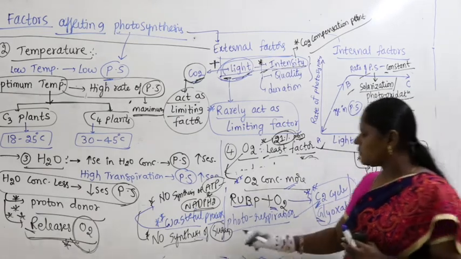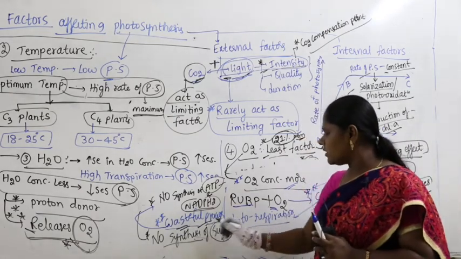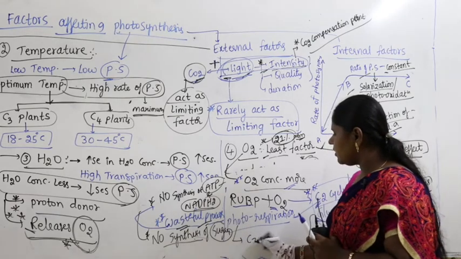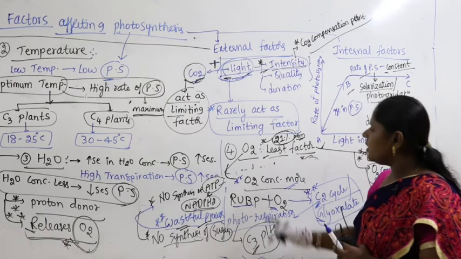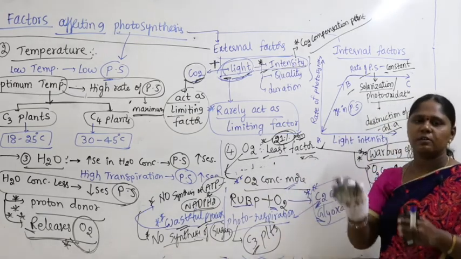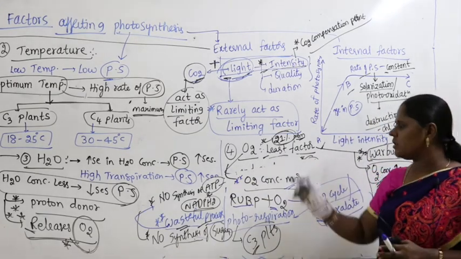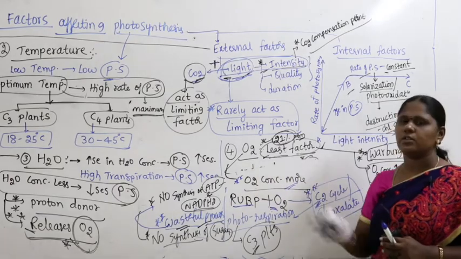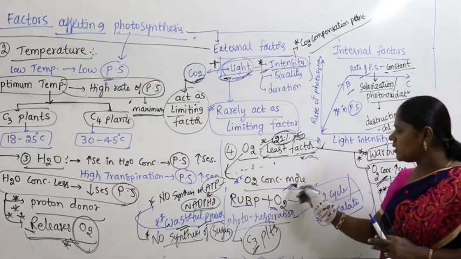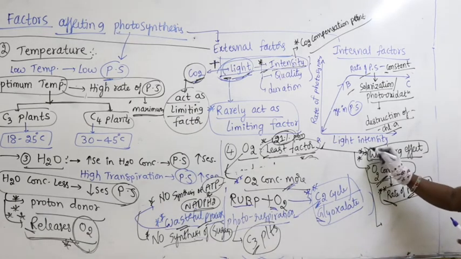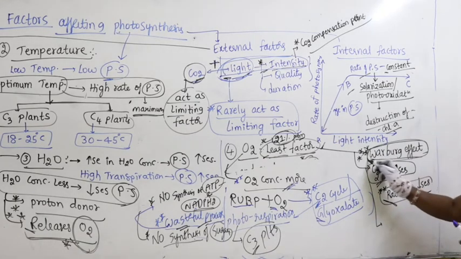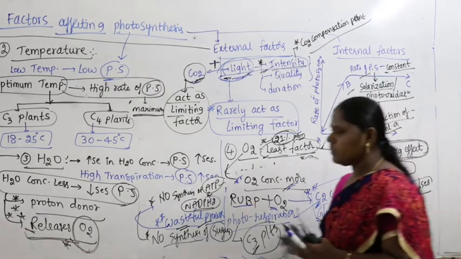That is why photorespiration is called a wasteful process, and it occurs in C3 plants. So when oxygen is in normal concentration, it acts as a least factor. But when oxygen concentration increases, it definitely declines the rate of photosynthesis. This is called the Warburg effect. Very, very important.